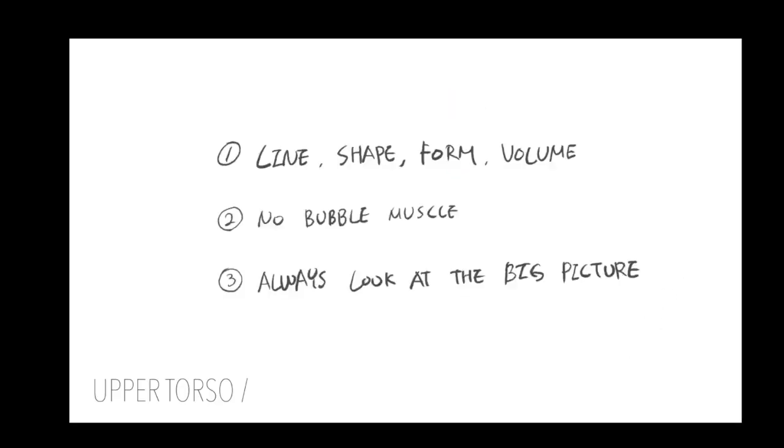Number 3 is always look at the big picture, which means if you are not used to human anatomy, the first time it'll be easy for you to just focus on each part of the muscles and how it moves and all that. And sometimes you might miss how it looks as a whole figure, because you focus on part of the body so much.